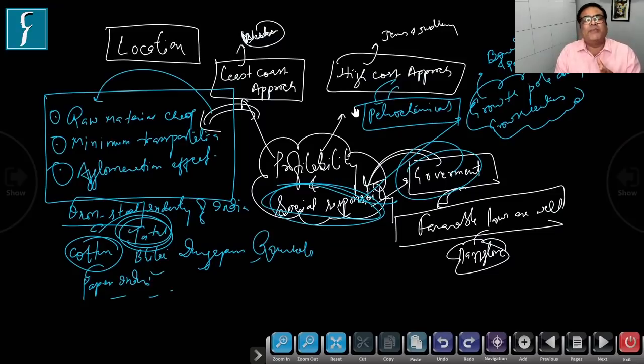Every industry will be facing the problem of workers' and laborers' unrest. Every industry will face the problem of transportation. Every industry will face the problem of market. All right, certain things, 1, 2, 3 points are there, which are industry specific. You can learn and you can add. Topic is done. Topic is done so easily.